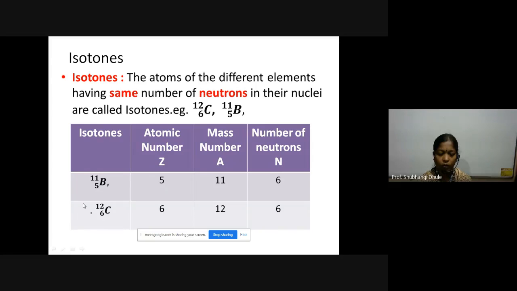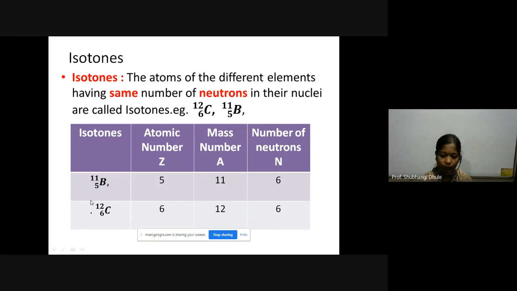Okay, for carbon, from the representation we can easily see that its atomic number is 6 and its mass number is 12. So the number of neutrons is A minus Z, that is 6.